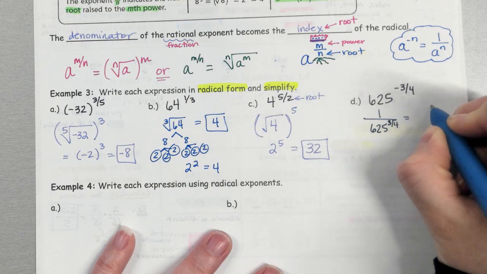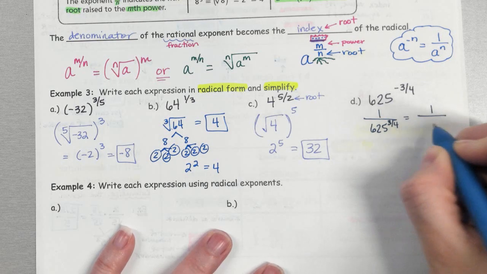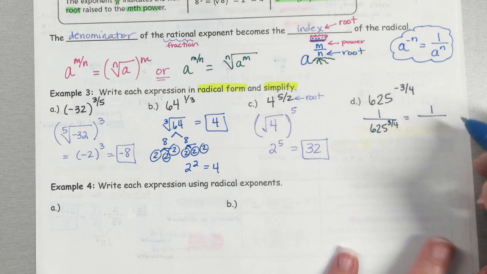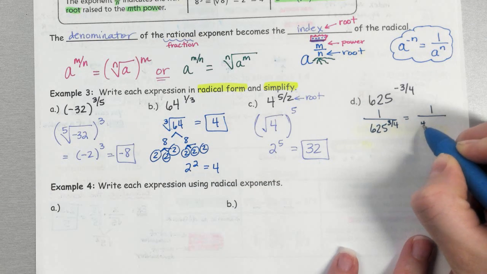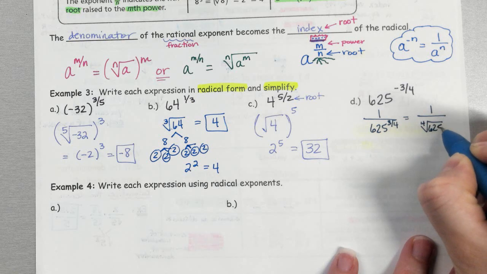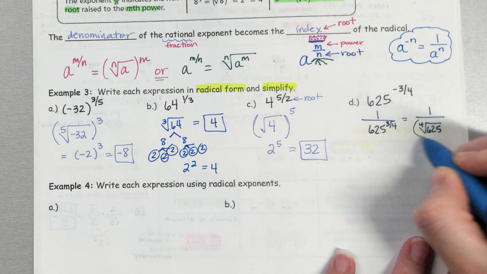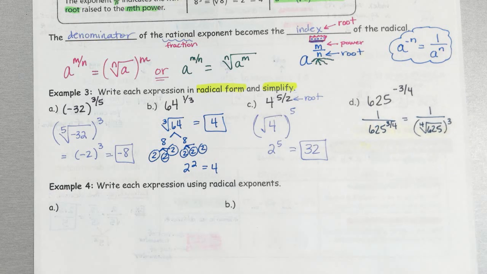And really, as you guys practice this, you'll do this step first. So 4 is the root. Now, if we're doing this without a calculator, we're doing the 4th root, okay? We aren't going to want to do 625 to the 3rd, because remember you have the option of putting it inside or outside the power. So we're going to want to put it outside.